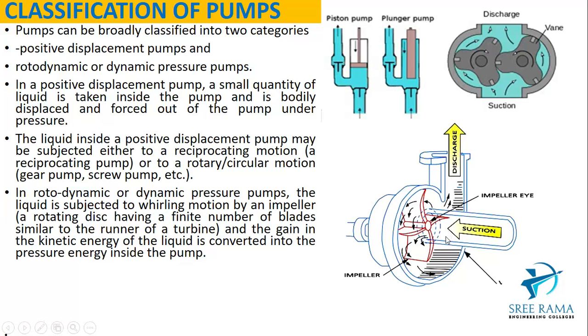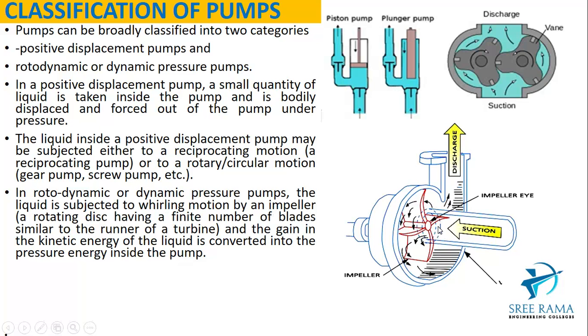Now coming to number two, rotodynamic or dynamic pressure pumps. In rotodynamic, roto means it consists of a rotor. Rotor is nothing but the rotating element, which is also known as the impeller. This rotating element also produces dynamic pressure.